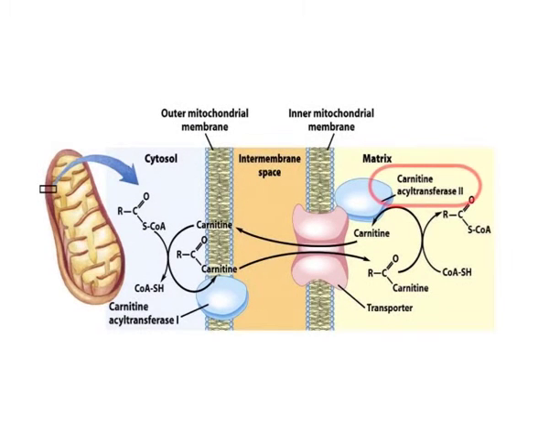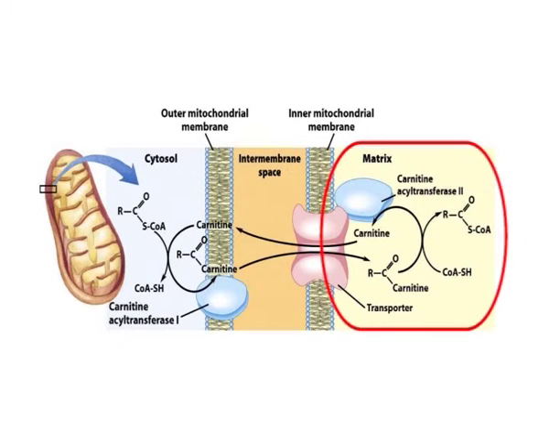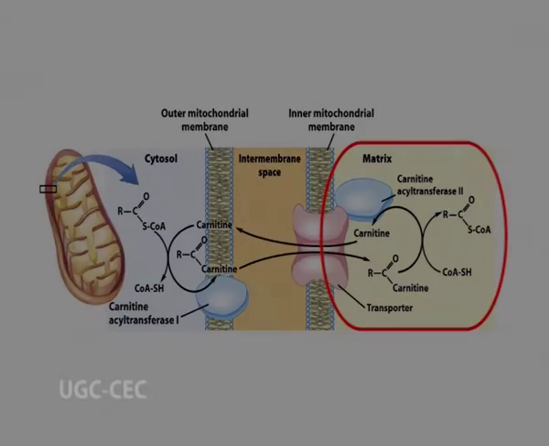This enzyme is located in the inner face of the inner mitochondrial membrane, while the previous carnitine acyltransferase 1 was located in the outer membrane. So carnitine acyltransferase 2 regenerates the fatty acyl-CoA and free carnitine in the matrix. The fatty acyl-CoA now can be acted upon by oxidative enzymes in the mitochondrial matrix.